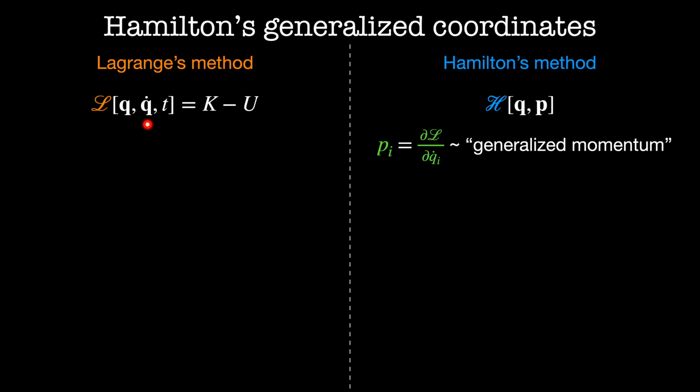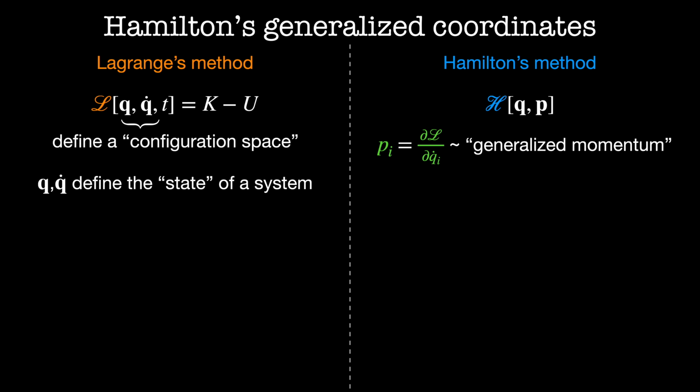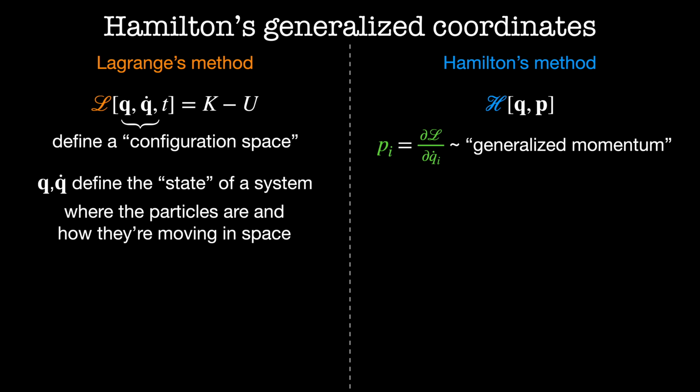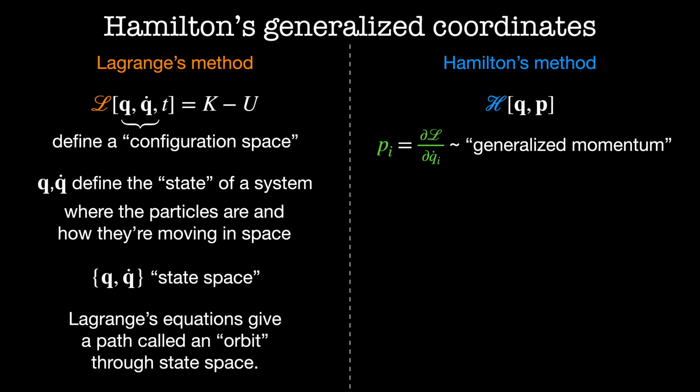The generalized coordinates we use to describe the Lagrangian define a configuration space. Every point in that space defines the state of a system, which are the positions of particles and their velocities at any snapshot in time. The combination q, q dot is called a state space. Lagrange's equations give a path called an orbit through state space. Lagrange's equations are second-order differential equations for the coordinate q.